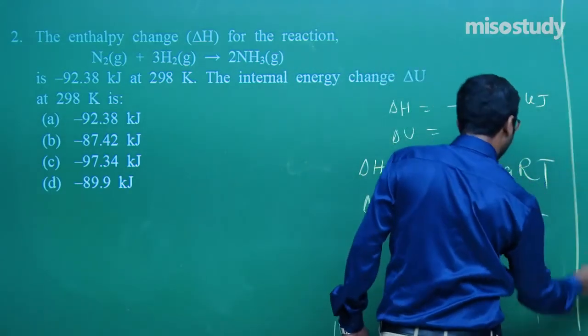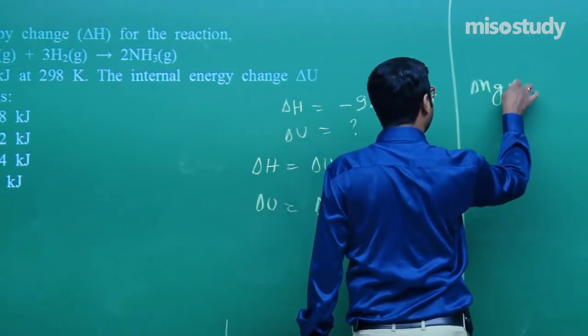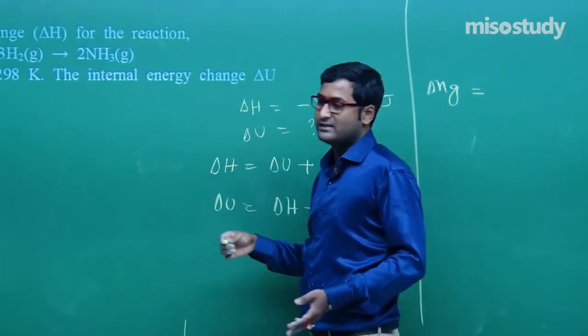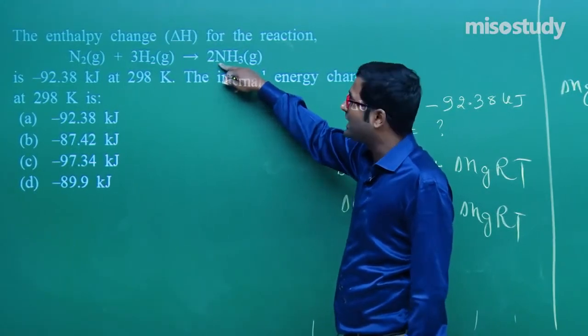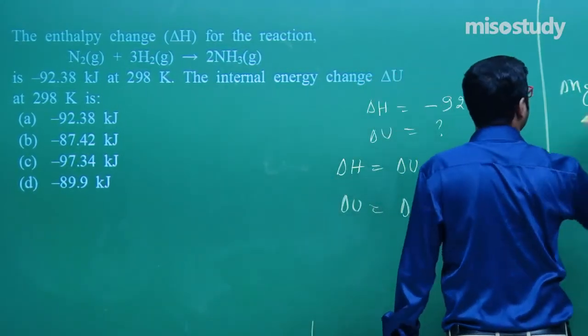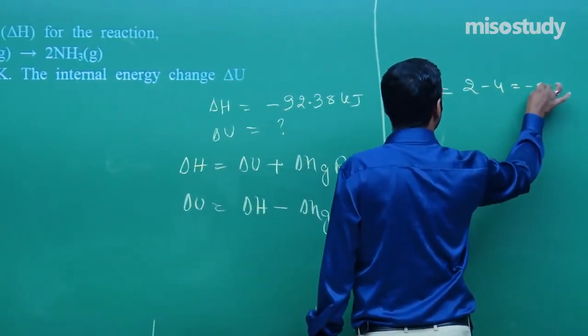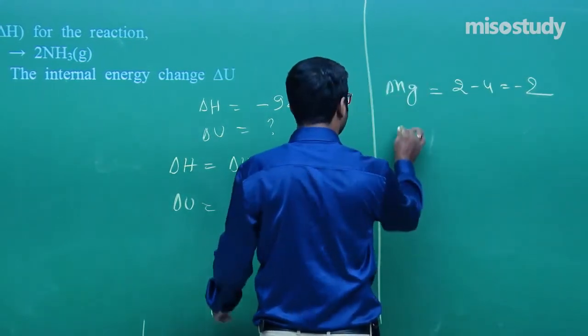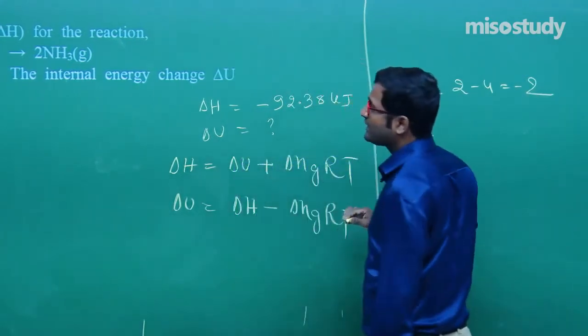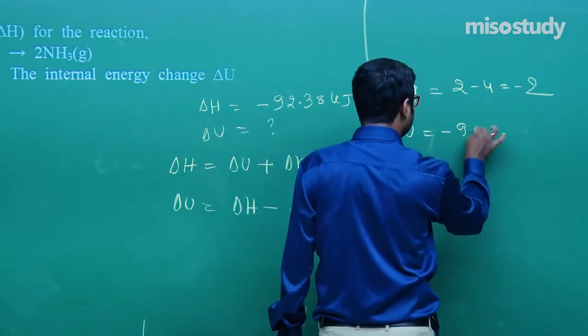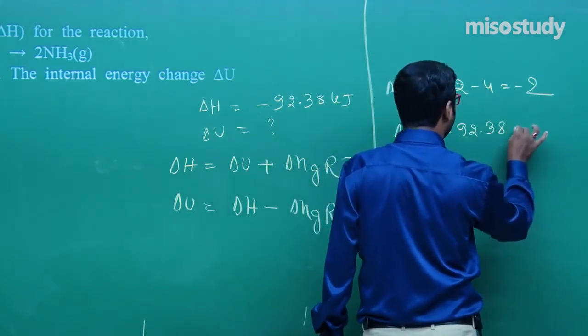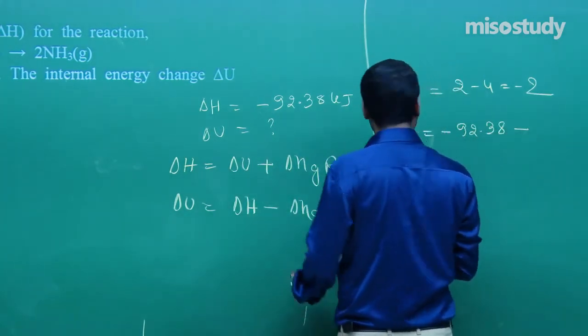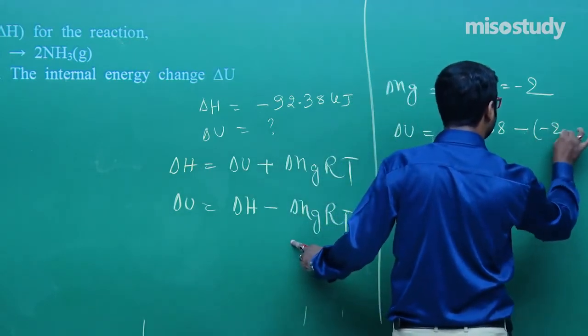Now tell me, what is the value of delta ng for the reaction? Sir, very simple. Number of moles of product minus number of moles of reactant. That is 2 minus 4 is equal to minus 2. Put this value. Delta U is equal to, what is the value of delta H? Minus 92.38 minus delta ng, that is minus 2.